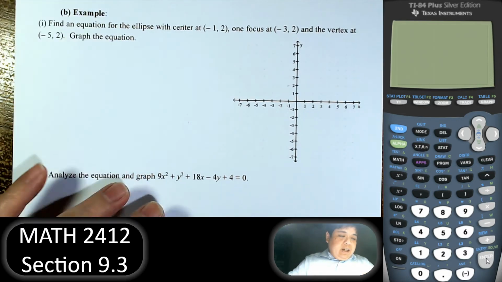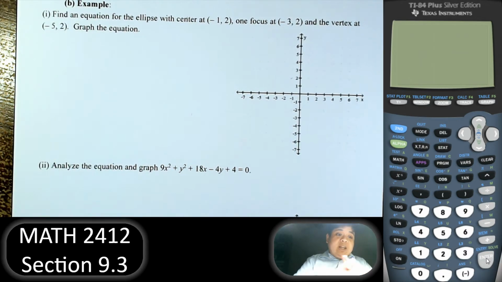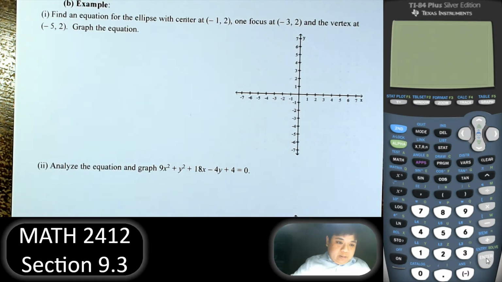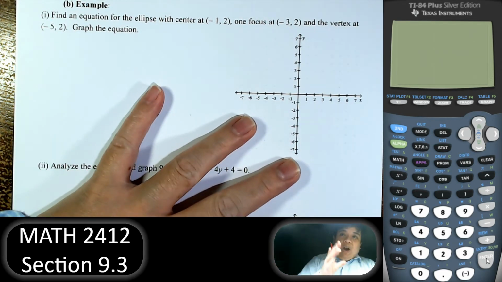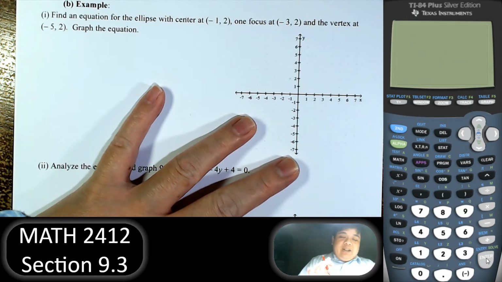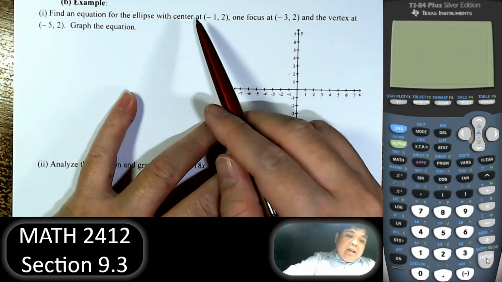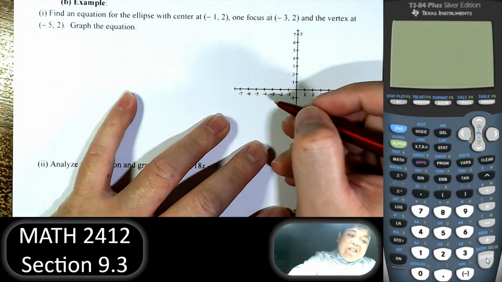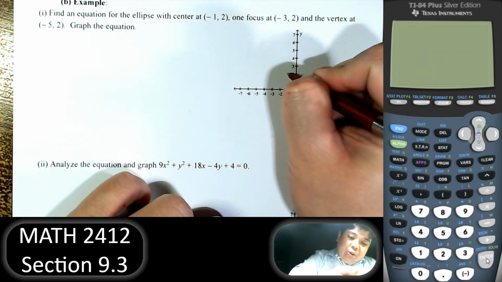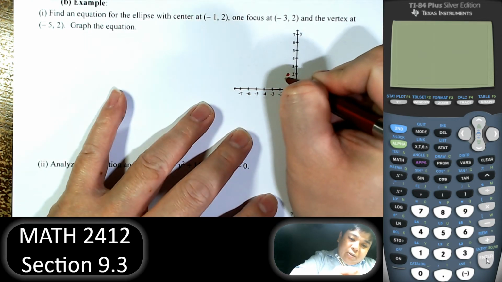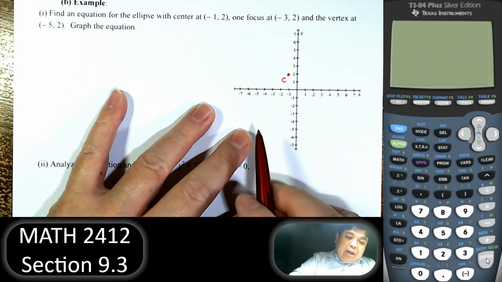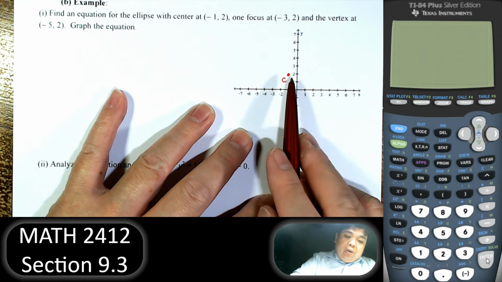Right, next, find the equation of the ellipse. The center is -1 and 2. So as always, associate the graph, the characteristics of the conic section, and the equation. That's why I always have the graph next to it. The center is x equal to -1, y equal to 2.